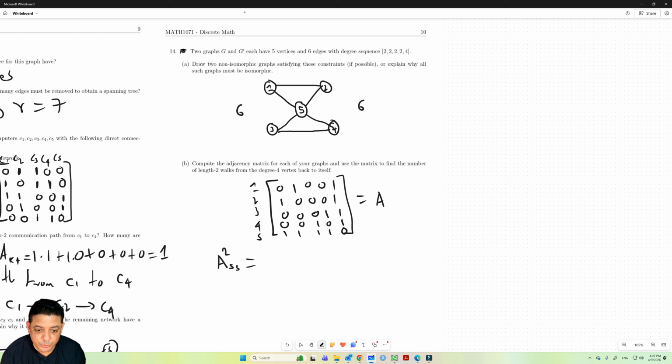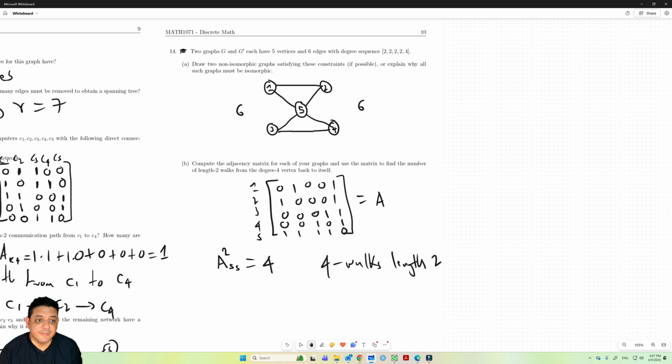So if you do the square and multiply this, then essentially this row is multiplying with a column, and you're going to have that this is 4. So you're going to have 4 possible walks of length 2. Once again, if you want to take a look at this, just verify by multiplying the matrix by itself, and you're going to see that when you find the component A55, you're going to have the number 4 on it. All right?